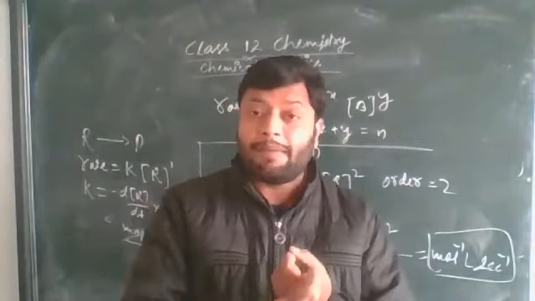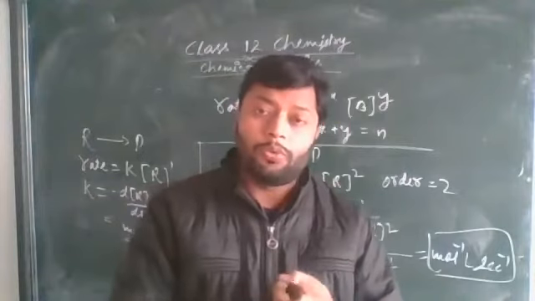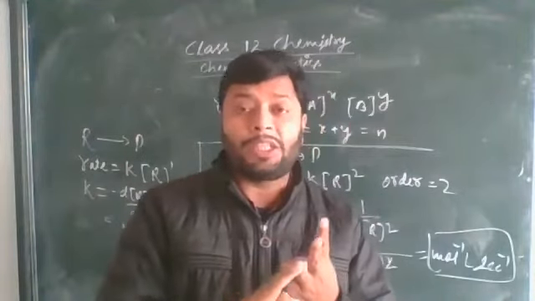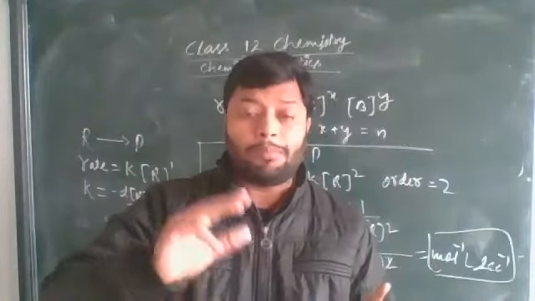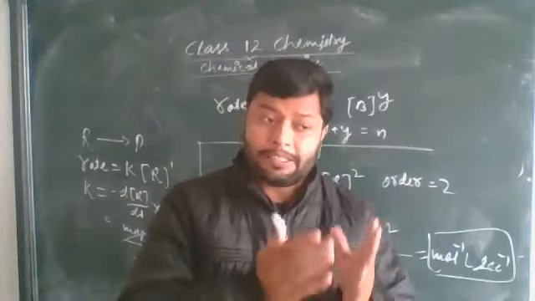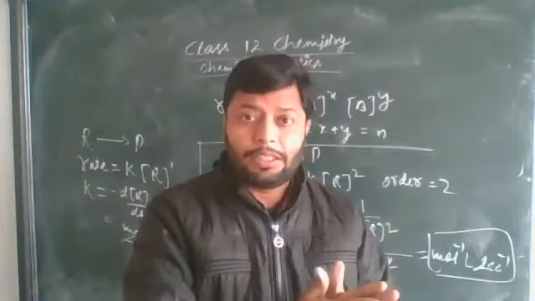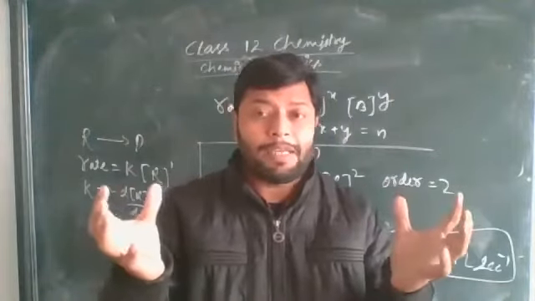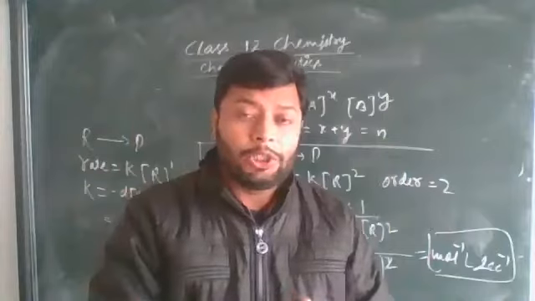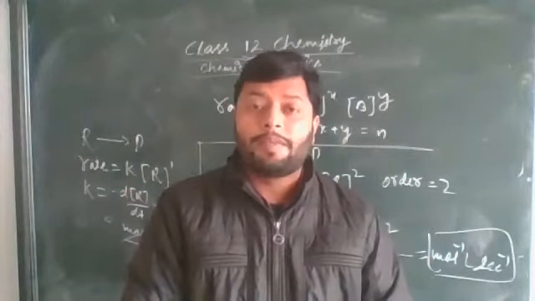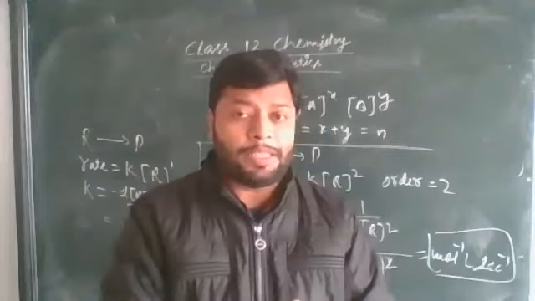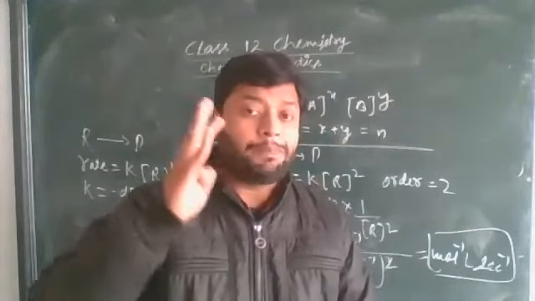So the molecularity can be 1, can be 2, and rarely can be 3. But molecularity is never seen to be more than 3, because more than 3 particles cannot collide simultaneously to decide a rate of reaction, and that's why it is a very rare possibility to see molecularity 4.